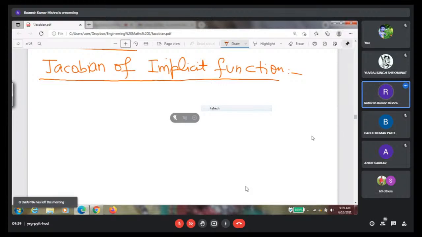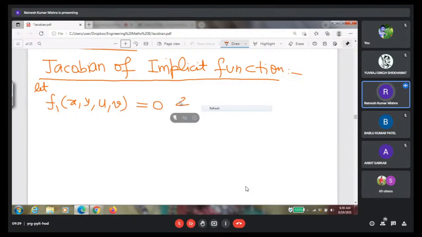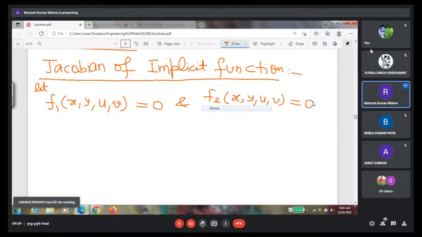So suppose our function is f1(x, y, u, v) equal to 0, and another is f2(x, y, u, v) equal to 0.